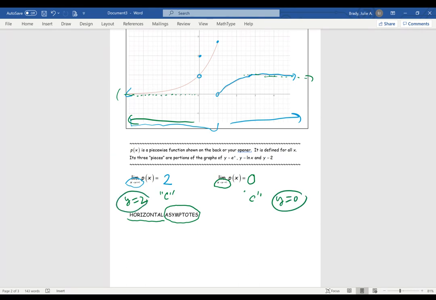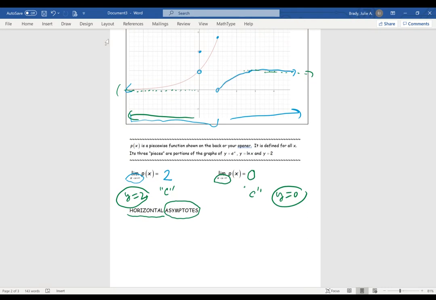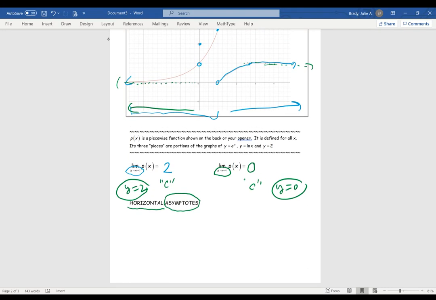Now, how can you know if there's a horizontal asymptote? You need to be looking at the ends. So either x can be going to infinity for a function, or x can be going to negative infinity. And you want that this limit is some number. And in calculus, we use the letter c a lot to mean some number.